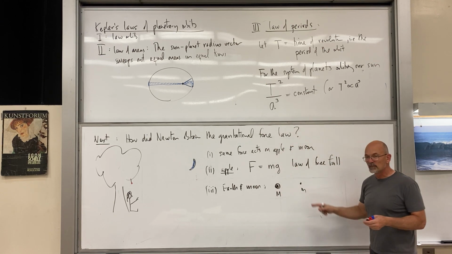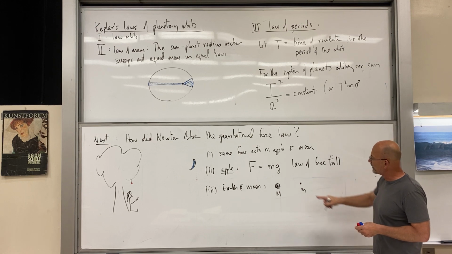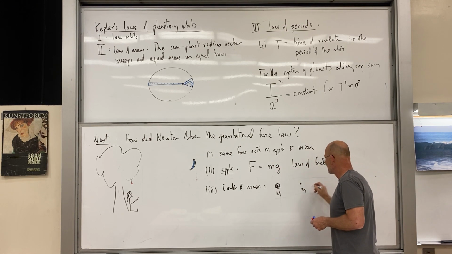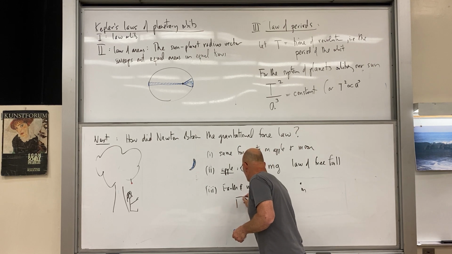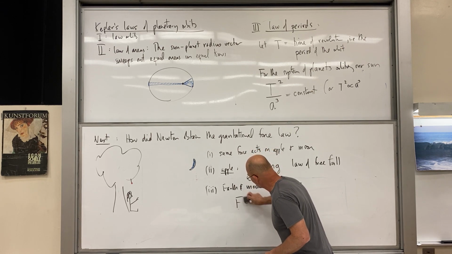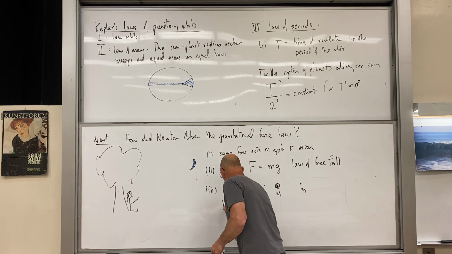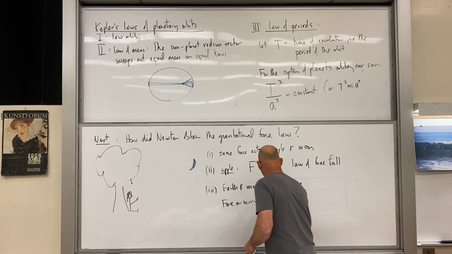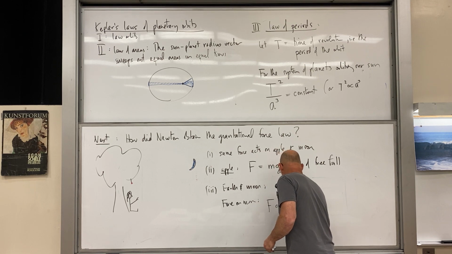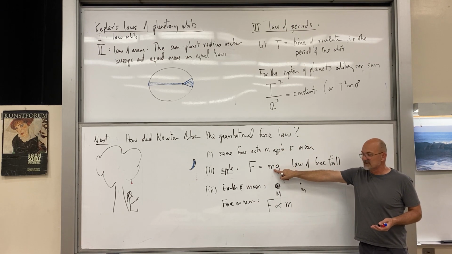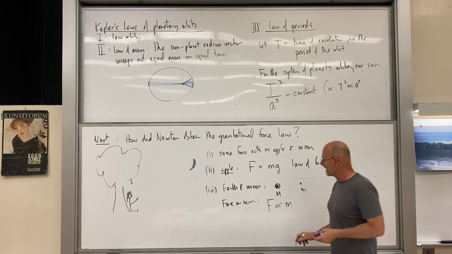This time it's the Earth and the Moon. Okay. So by the same argument as up here, we're going to have force. Let's be explicit about this. Force on the Moon, F, is proportional to the mass of the Moon, just like up here, mass of the apple, mass of the Moon.